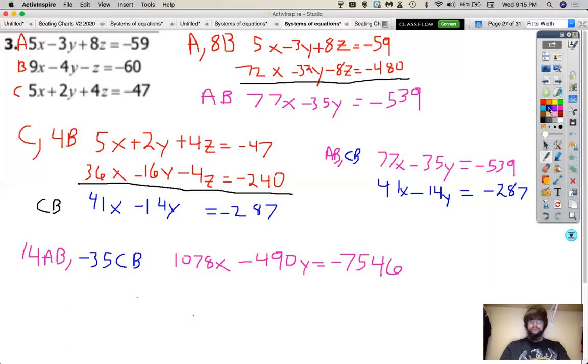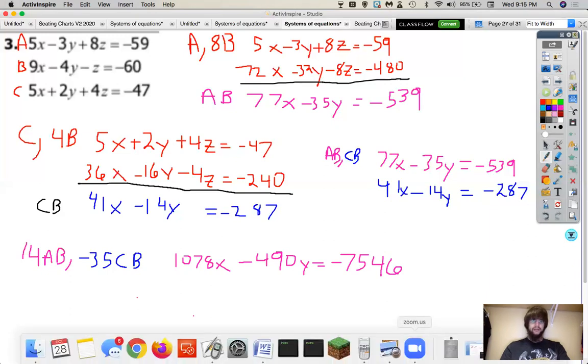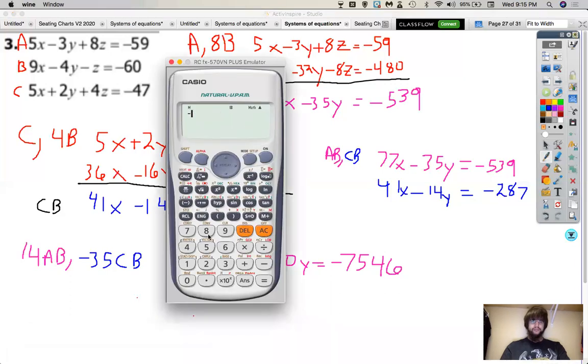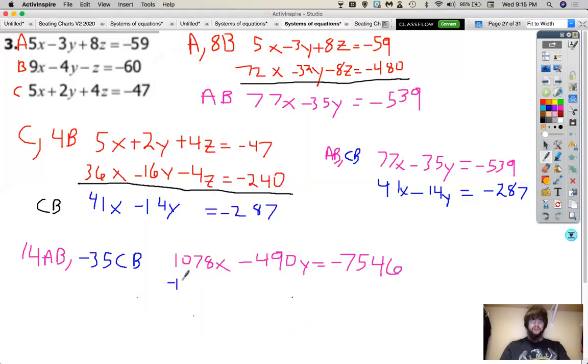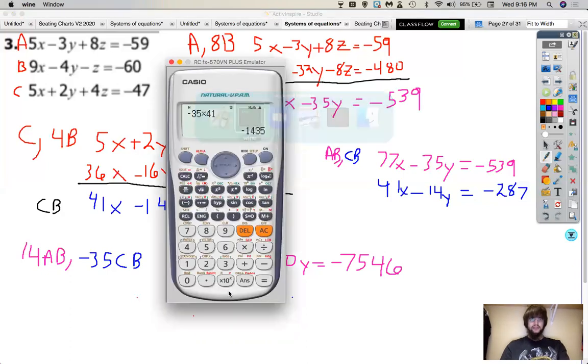Okay. Now negative 35 times CB. Negative 1,435 X's. Double check that. Yep.